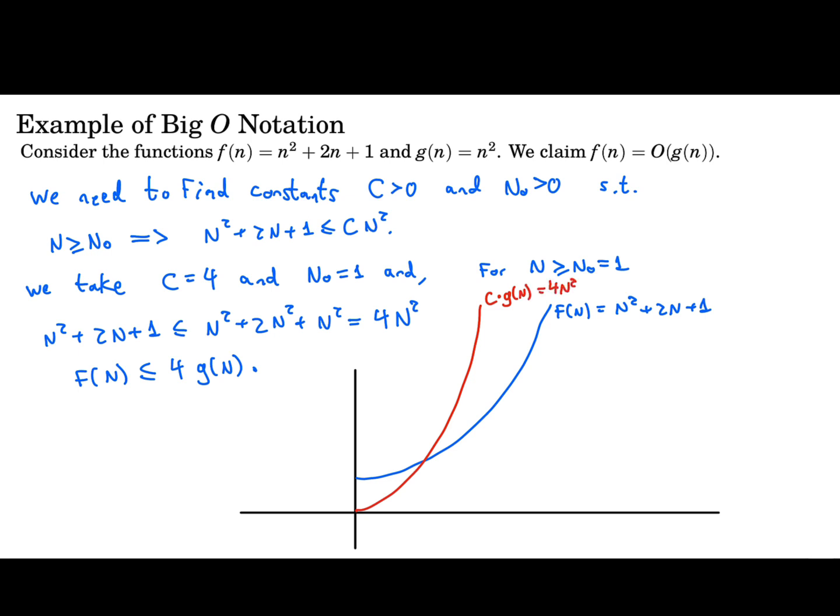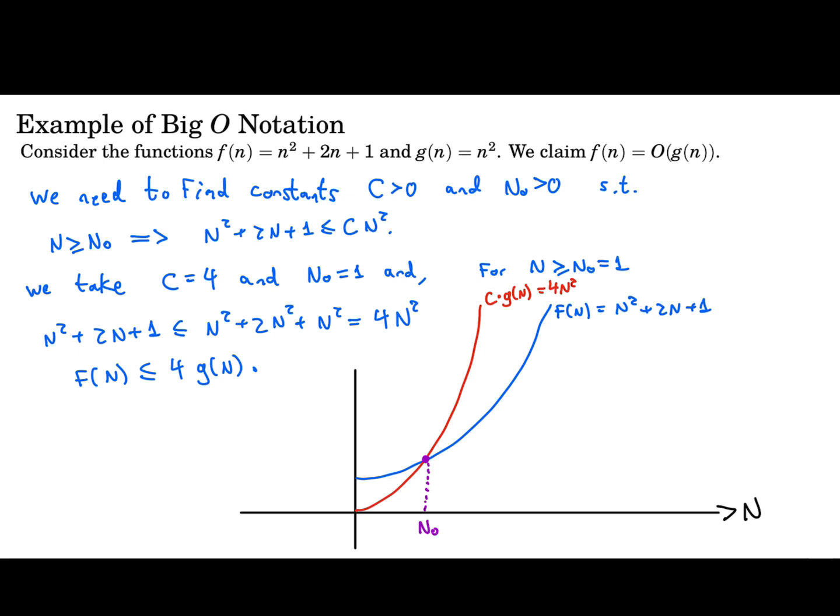And so the idea is that even though f of n might be larger than this constant times g of n in the beginning, there is going to exist a point here, and this point is exactly n0. The property is that for n larger than n0, so this is the n-axis, for any n larger than n0, this constant times g of n, in this case 4n squared, is going to be larger than our function.